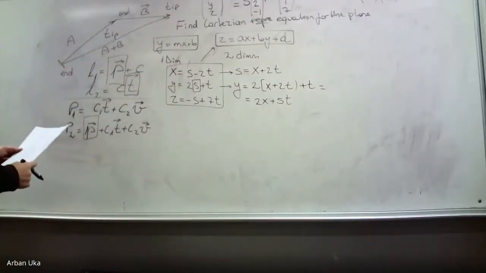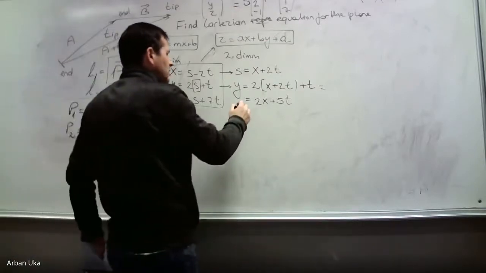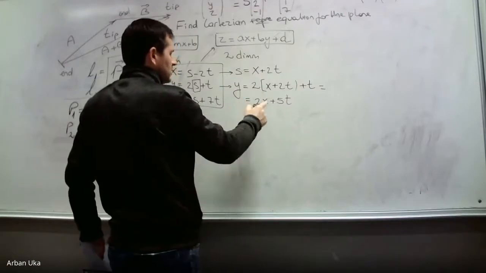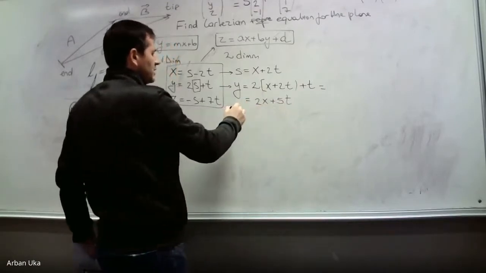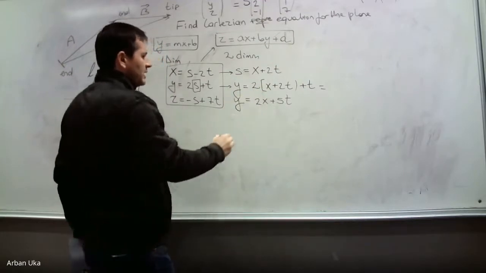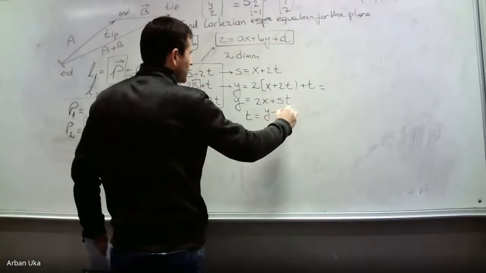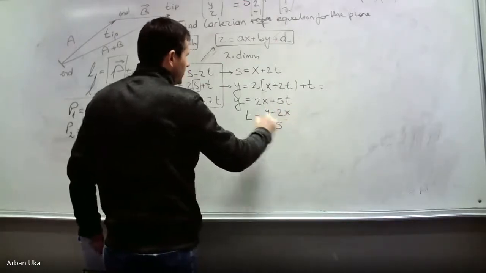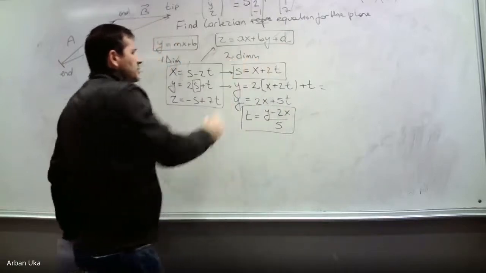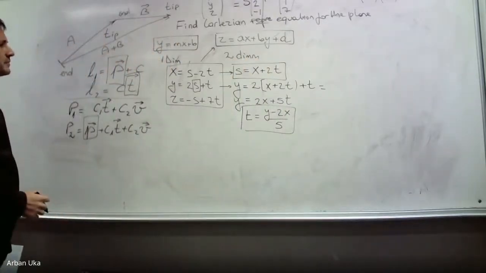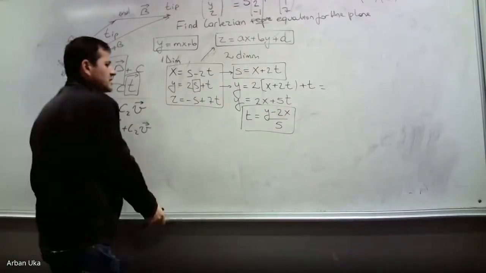And then from here, we can express t as a function of x and y. So this is y, and t is equal to what? t is equal to (y minus 2x) divided by 5. Now, we have the expression, so all of these expressions we can substitute into the z.